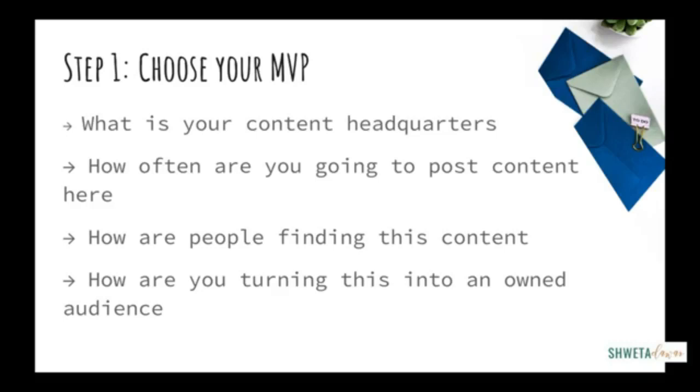And by owned audience, I basically mean an email list, right? Because again, social media could die anytime. You never know what comes up on Facebook. They could just do away with groups or whatever it is, right? And if you're doing blog posts, Google could shut off your blog. If you're doing YouTube, they could shut off your channel. It could be anything, right?